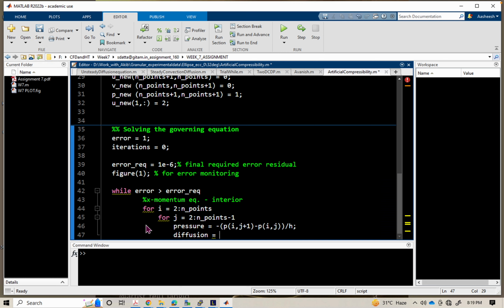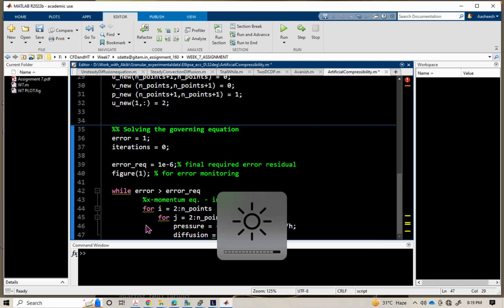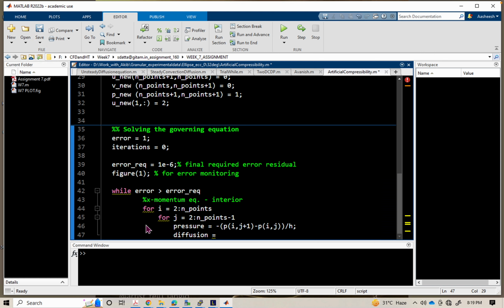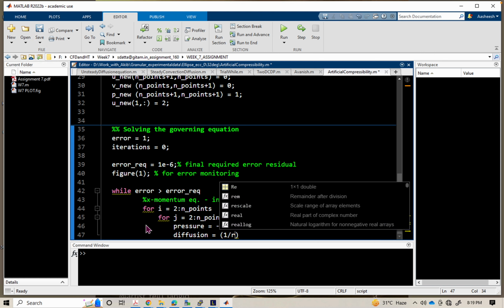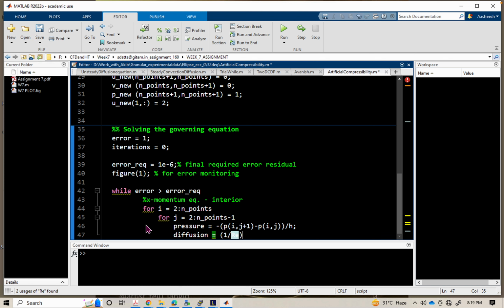As I explained in the theory, these terms are the pressure gradient term, then the diffusion term, then the convection term, or you can say advection term. These three terms I discretized one by one. Right now you can go to the previous lecture and see how I did it, because it will take another hour to explain that again. The code is a bit huge, so I want to complete it.